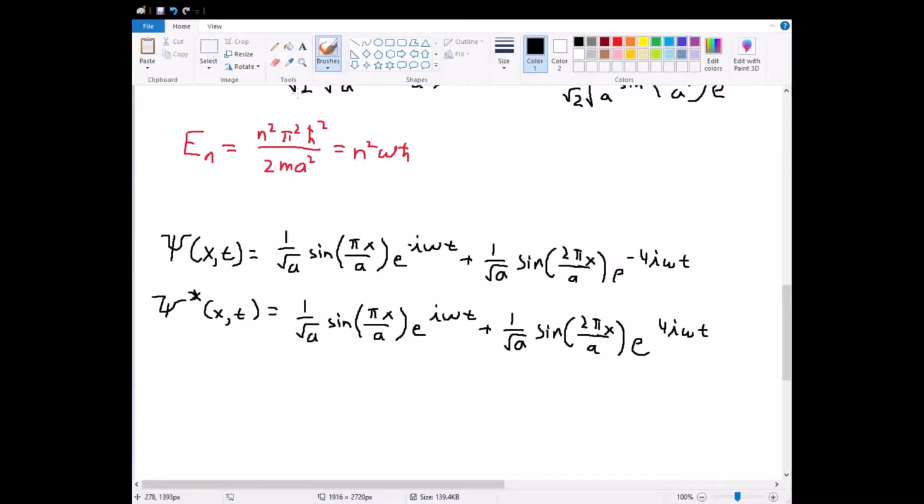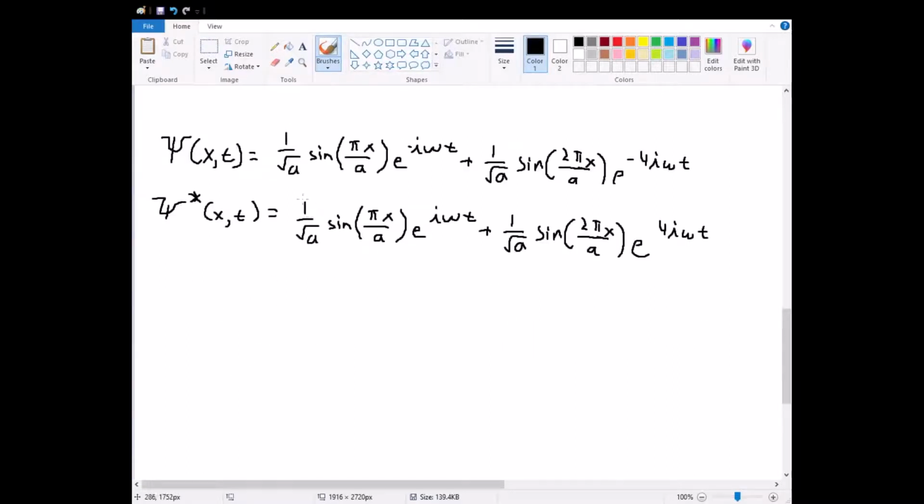And if we multiply these together, we are going to get, let's see. First off, let's organize this by taking the 1 over square root of a and distributing it out and squaring it. So we have magnitude psi squared equal to 1 over a distributed out at the front, and then a bunch of terms.